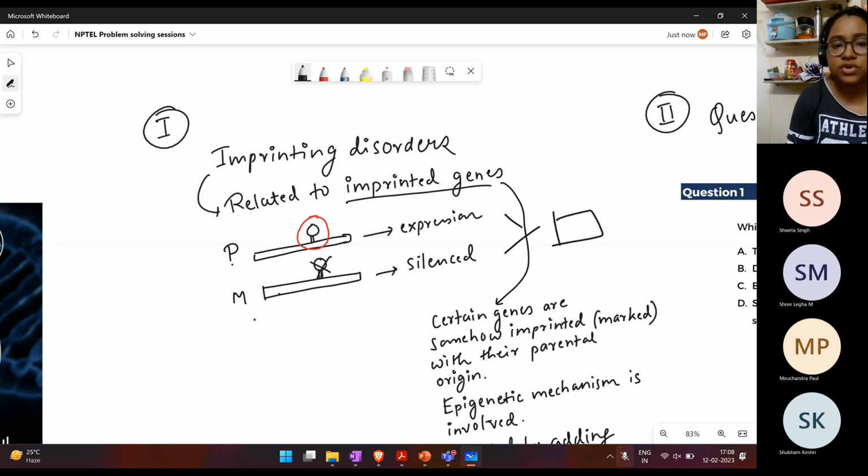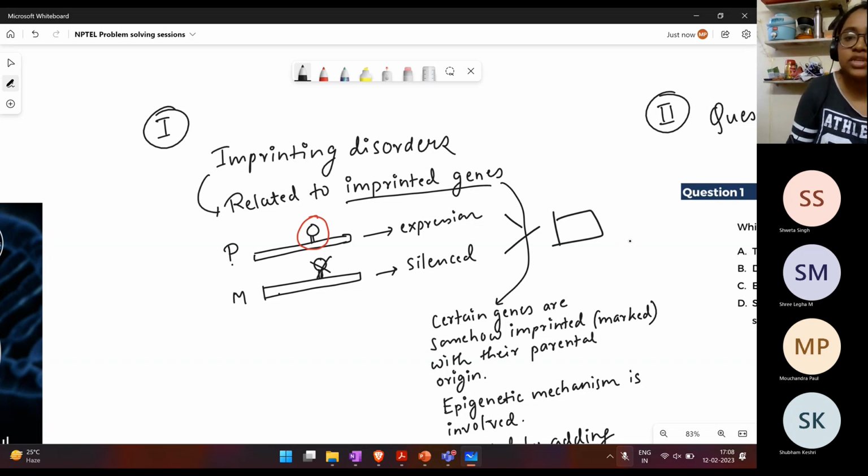But suppose the paternal copy of the gene gets mutated somehow or gets deleted. Then when the offspring receives both maternal and paternal copies, although the maternal copy has the intact gene, the paternal copy is missing, and that gene was imprinted for expression when it comes from the father.